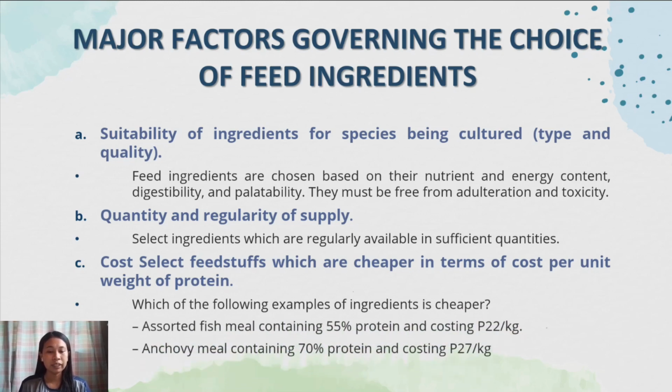Assorted fish meal containing 55% protein and costing 22 pesos per kilogram, or the anchovy meal containing 70% protein and costing 27 pesos per kilogram.